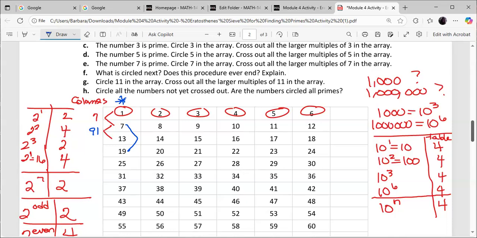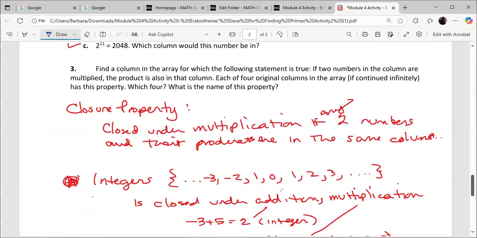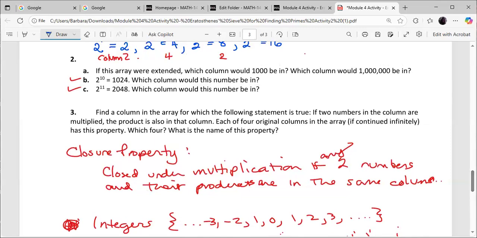So if two numbers are multiplied, their product is in there, and there are 4 columns. We know that column 1 is closed under multiplication.